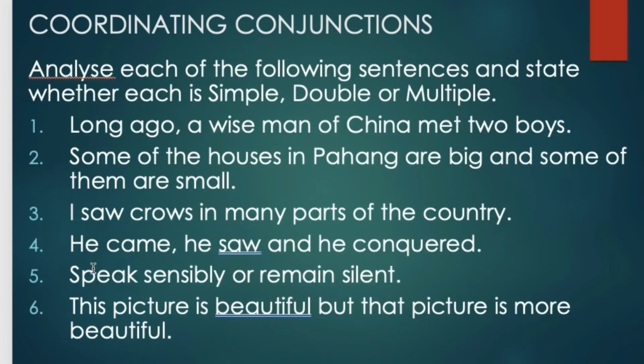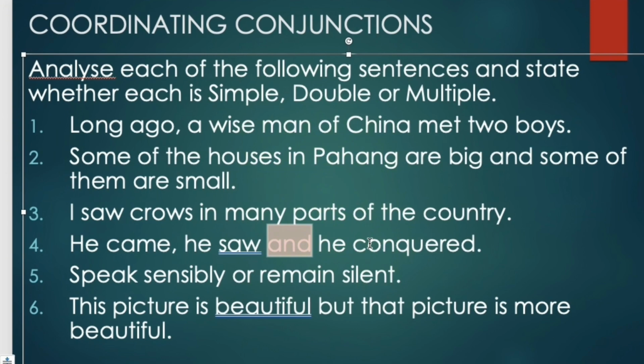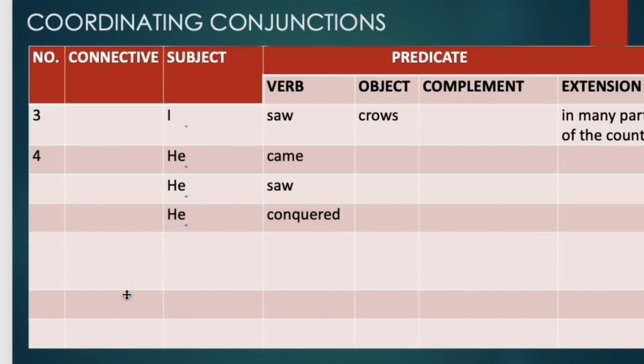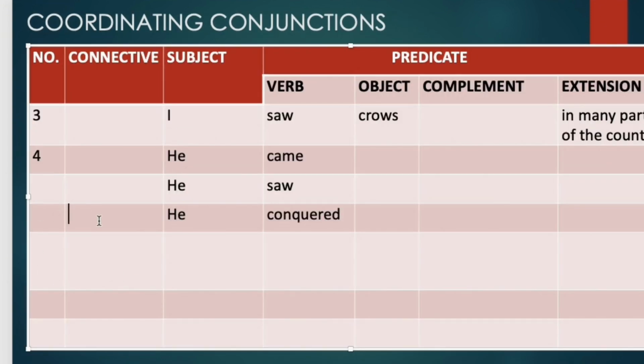Now these 3 simple sentences have been combined into one multiple sentence using the coordinating conjunction and. So we place the and connective here between the second and third simple sentences. So this is an example of a multiple sentence as it contains three verbs: came, saw, conquered. When there are more than two verbs in a sentence, joined together by the coordinating conjunction and, that sentence is a multiple sentence.